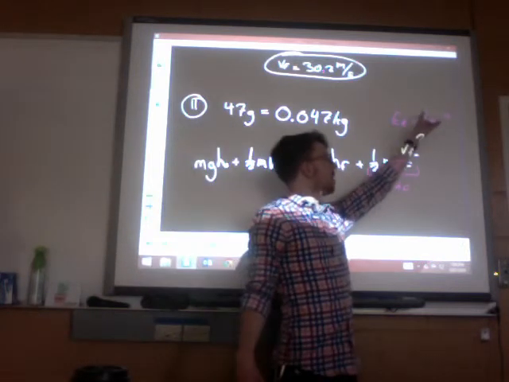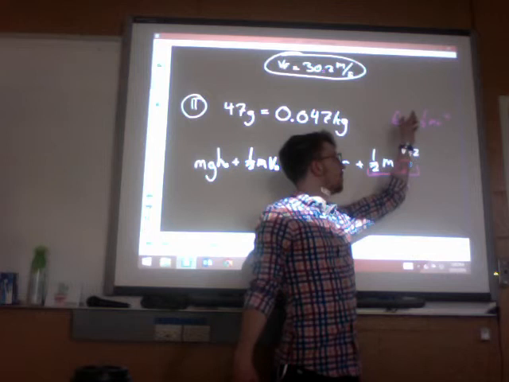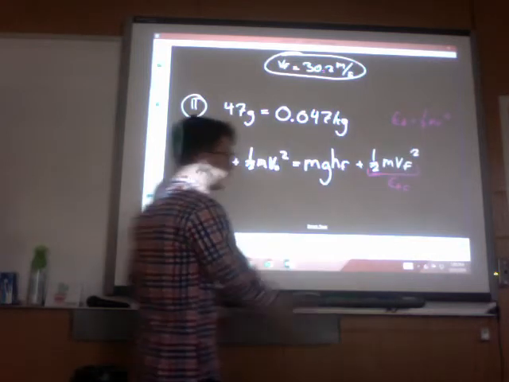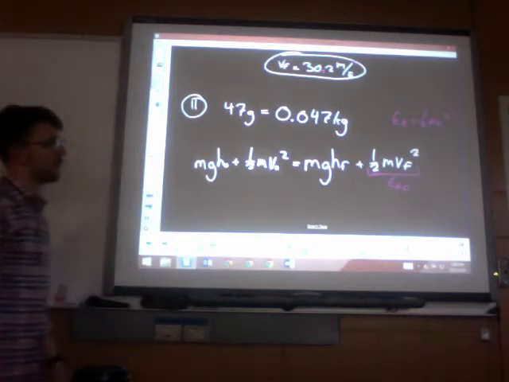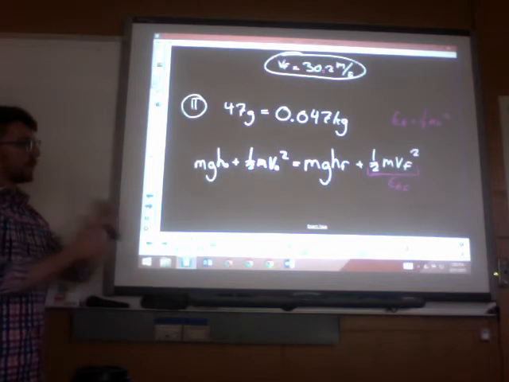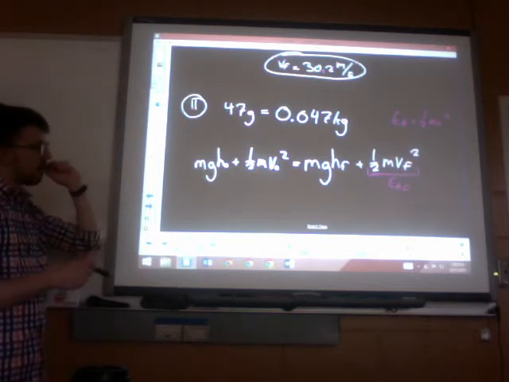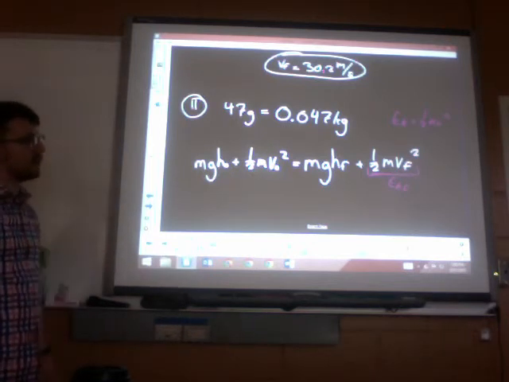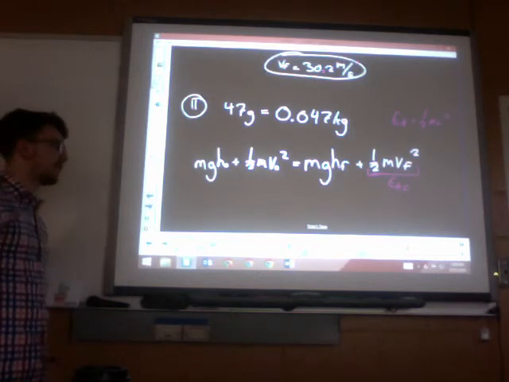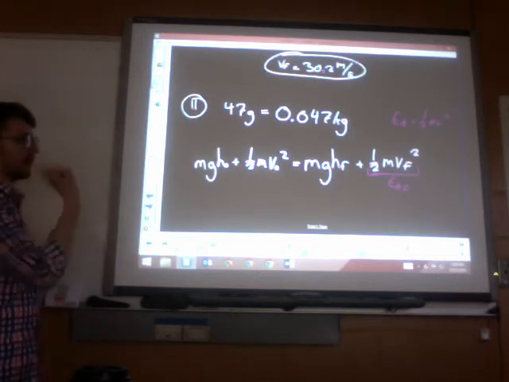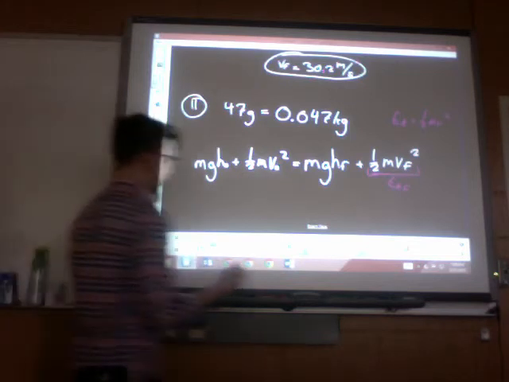M is a part of kinetic energy. So if we're solving for it, we need m to be in there. The thing to know is that if you are asked for energy or given energy, you can't cancel m's. Should I write that out?